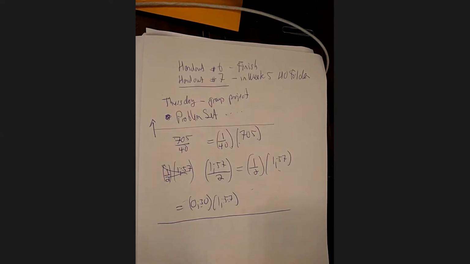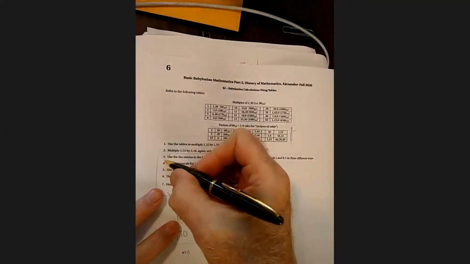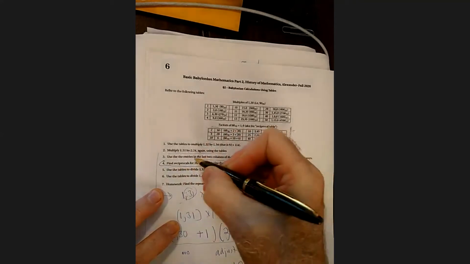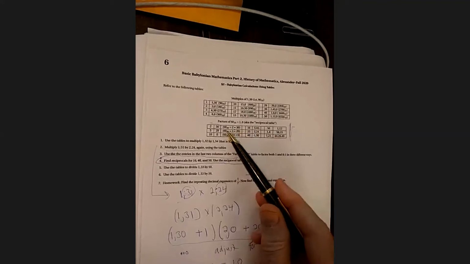Okay, so what I'd like you to do is a warm up. If you look at number 6, and you don't need to go into groups to do this, use the table just to practice finding reciprocals. So find reciprocals for 16 and 40 and 50. You would just locate those numbers. There's 3 columns here. The first column, I'm just explaining what it means. That wasn't part of the column.